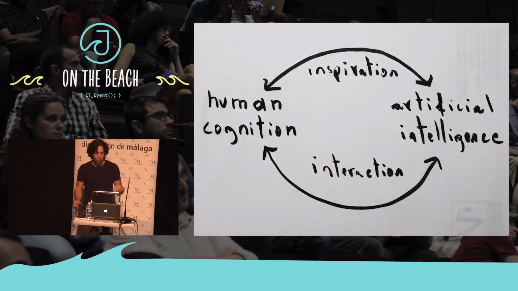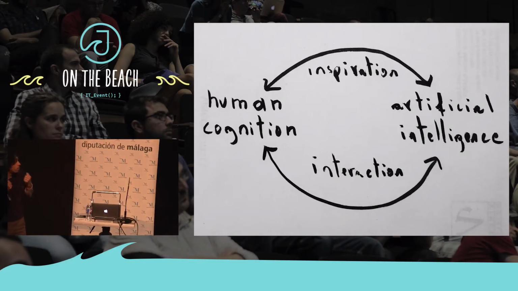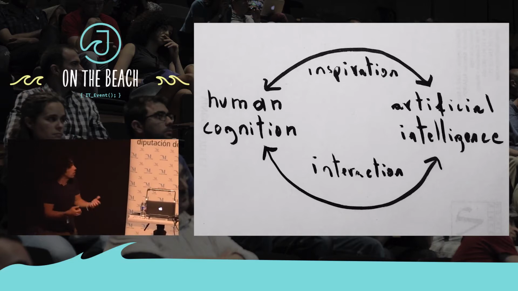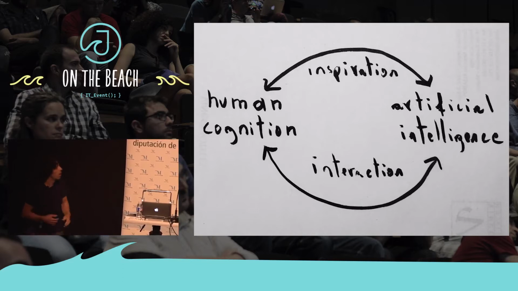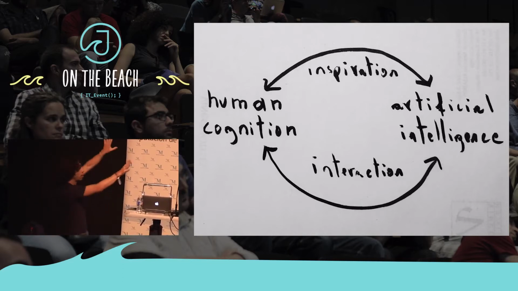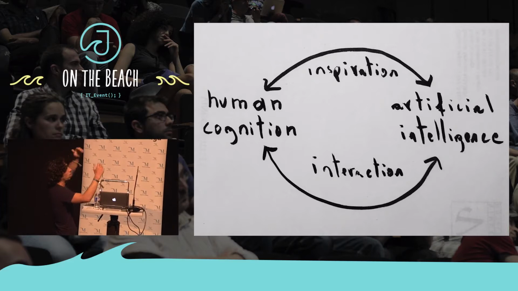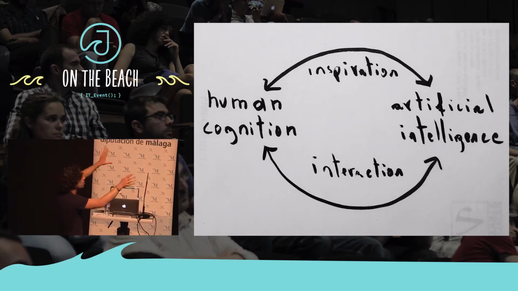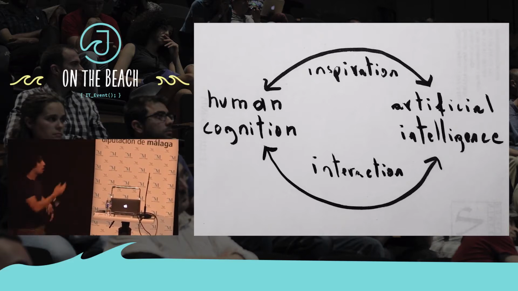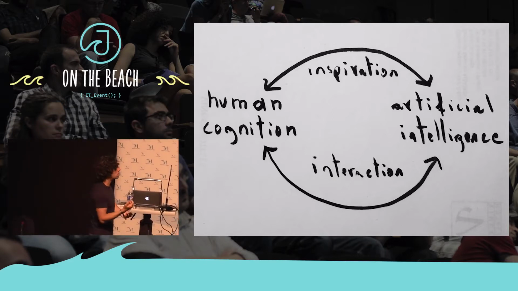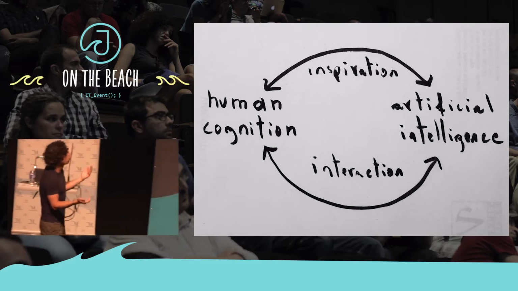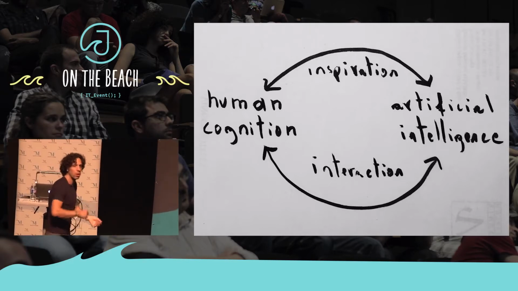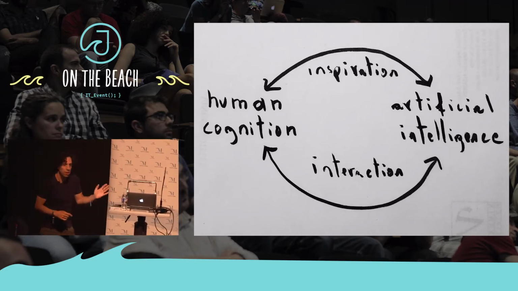Okay, so there are two main, very important relations between human cognition and the field of artificial intelligence. Two ways in which these two areas interact, and the academic areas behind them, which are cognitive psychology and artificial intelligence as a research field. One very important and very interesting, which is also historical, is how one has inspired the other over the last, let's say, 50 years.